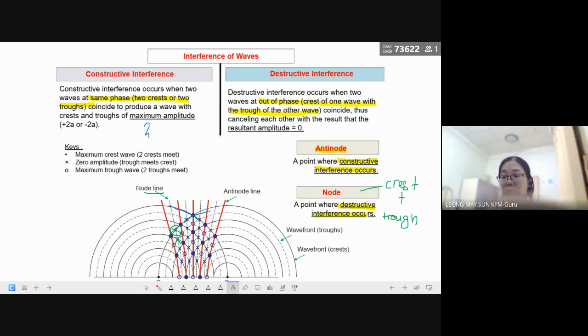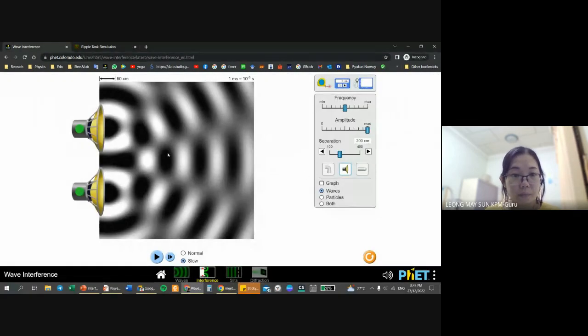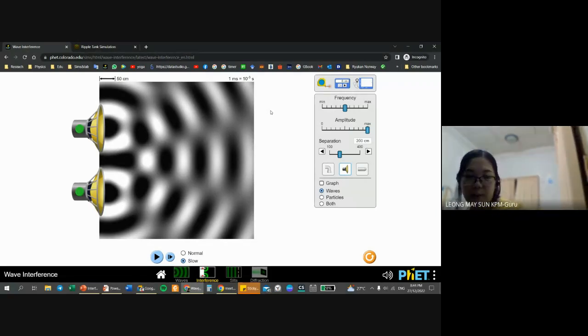Now let's look back at the simulation that I showed just now. If you notice this blue line over here, can you guess whether this blue line is constructive or destructive? Do guess inside the chat box as usual. Is this blue line constructive interference or destructive interference?